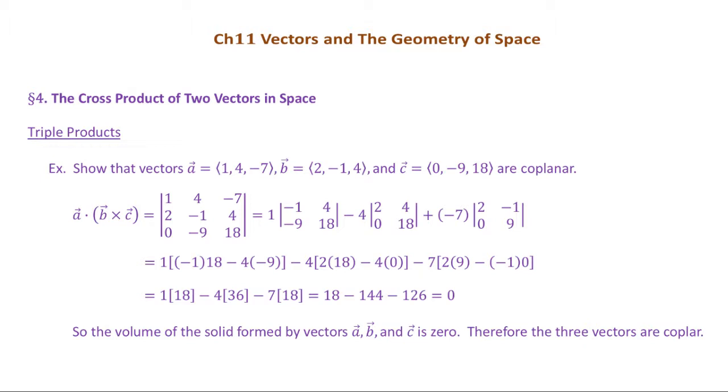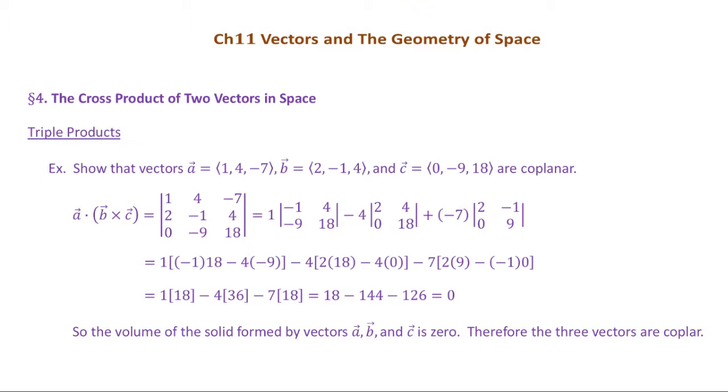So we got 1 times negative 1 times 18 minus 4 times negative 9 in the first term, and minus 4 times 2 times 18 minus 4 times 0 in the second term, and then minus 7 times 2 times negative 9 minus negative 1 times 0. Again, this should be negative 9 instead of positive 9. So in the first term, we got negative 18 plus 36, which is 18.